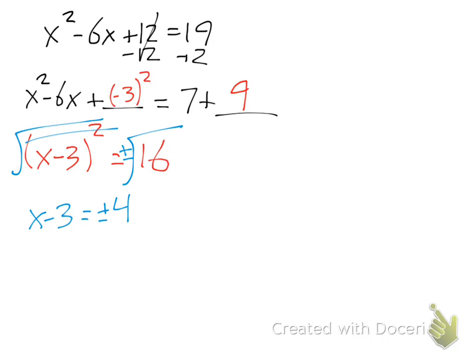And now I can solve for my variable. I got to get x by itself, so what do I need to do? Get rid of the negative 3 by adding 3. Here's the issue that students make. They add it wrong.